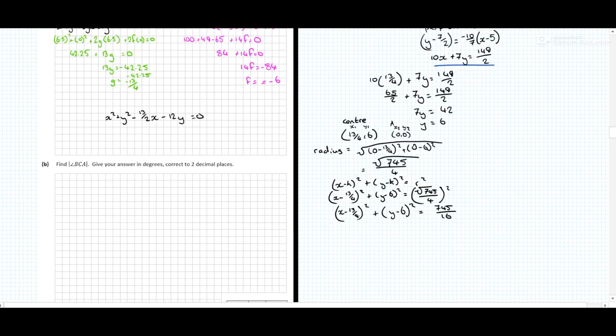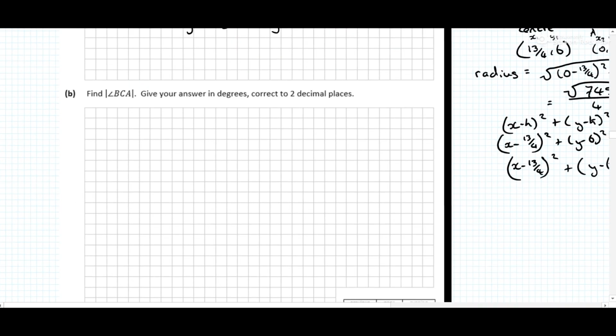Next question. Find the angle BCA. The angle BCA, so that's the angle at C. And give your answer in degrees correct to 2 decimal places. So from the log tables, we know that we have the formula on page 19 for the angle between two lines.